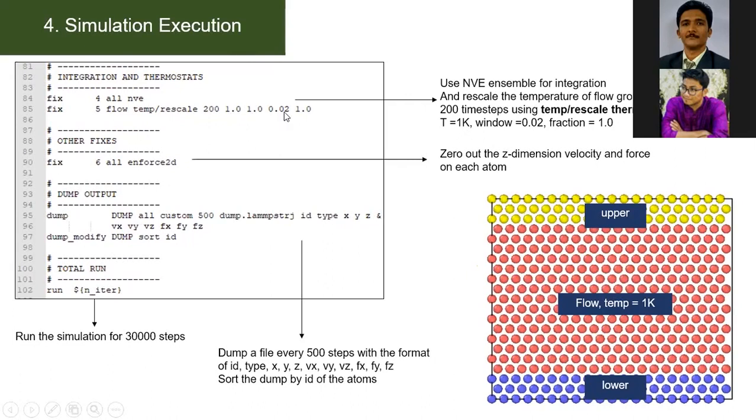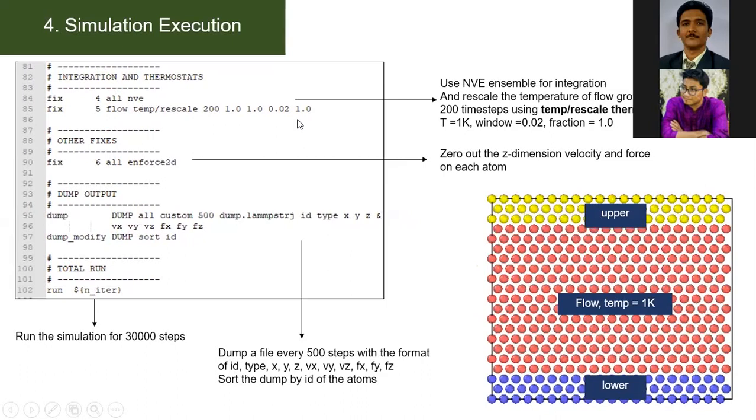Okay. So then 0.02 and 1. That means 0.02 is the window and 1 is the fraction. So this is having a 1 Lennard-Jones temperature value, and when the temperature changes by the window value of 0.02, it will recalculate its value to 1.